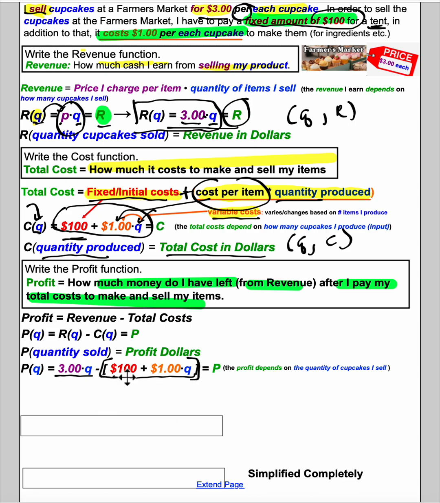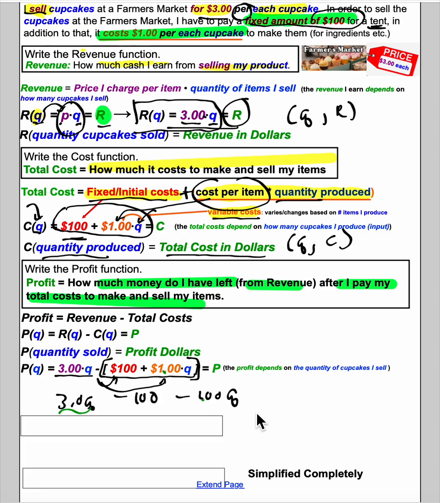Okay, and so now if I want to write this profit function in a simplified form, this is not simplified here. I need to distribute that negative. So then I have 3Q minus 100 minus 1Q.